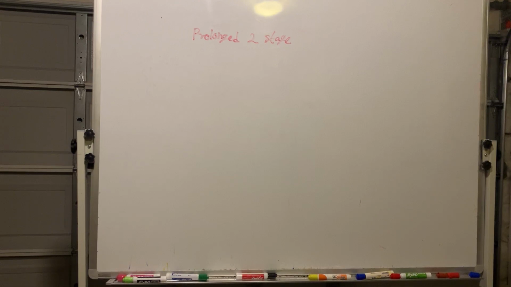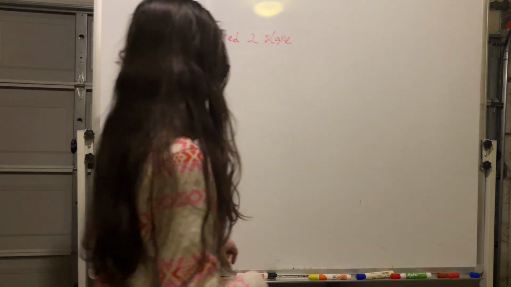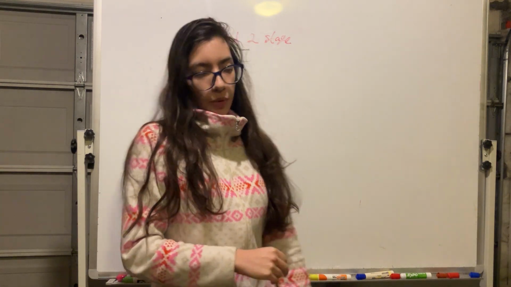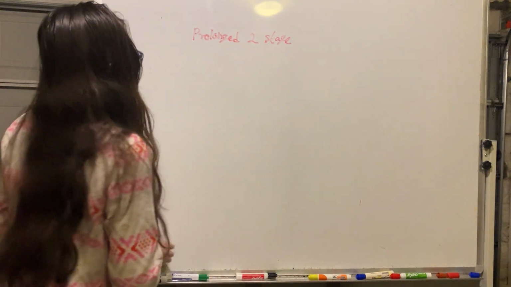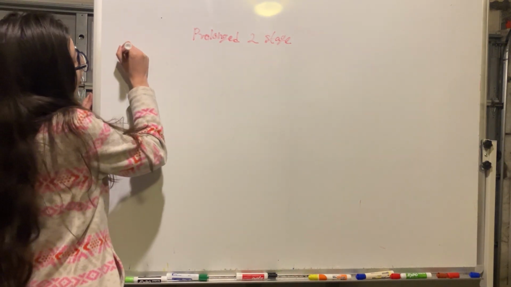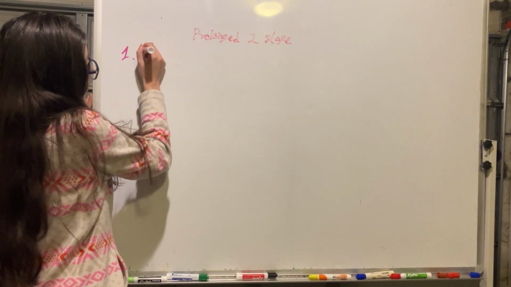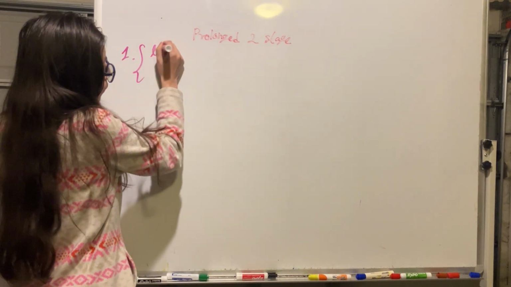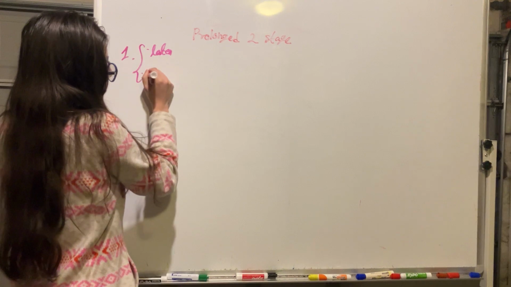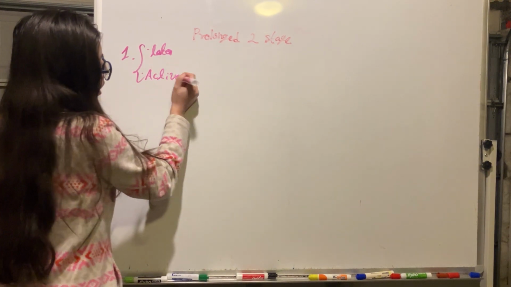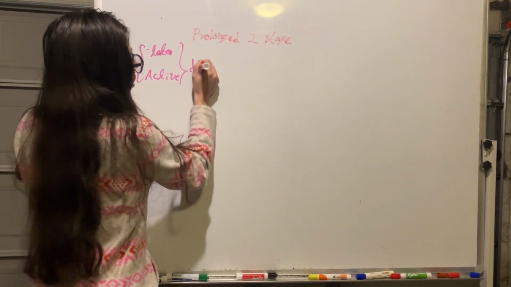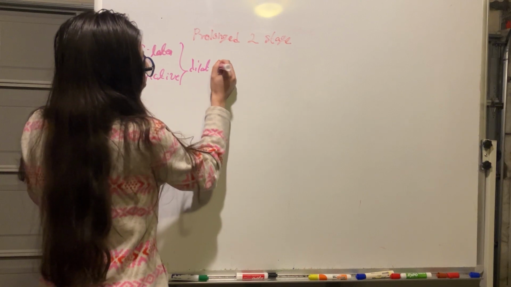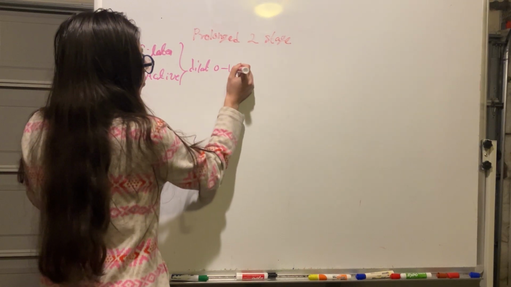Now let's see prolonged stage 2 of labor. So let's review the stages of labor. We have stage 1 of labor, which has a latent phase and an active phase. Basically, this is dilation of the cervix from 0 to 10 centimeters.